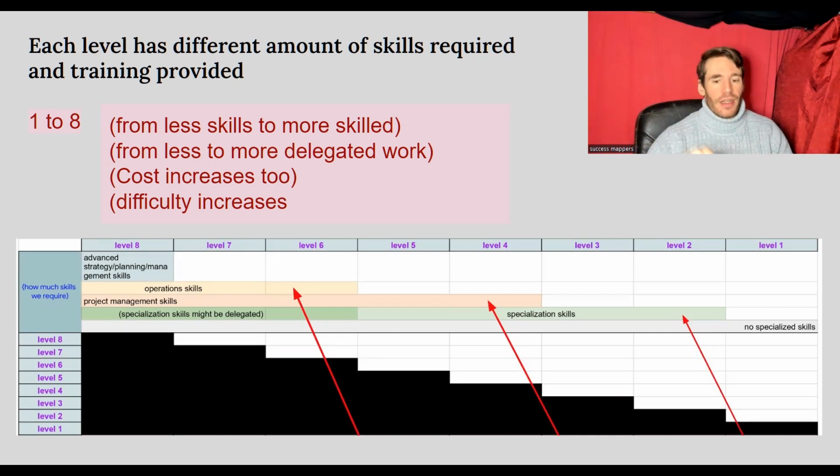So as you see in this graph, at level 1, you need to provide a lot of information. So everything is black. All the blocks are black because you need to provide every detail of delegation. So everything you need to delegate in as many ways as possible, because of course the person is skilled at the lowest level, right?